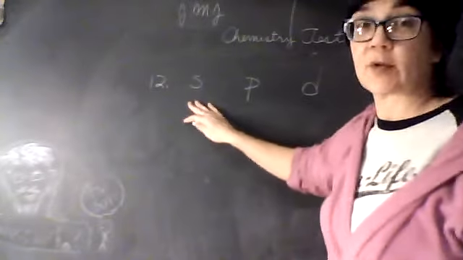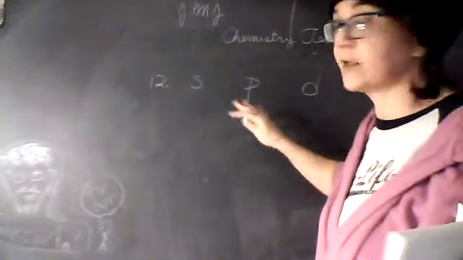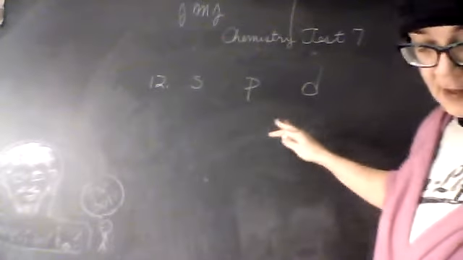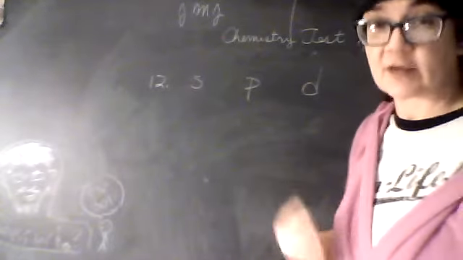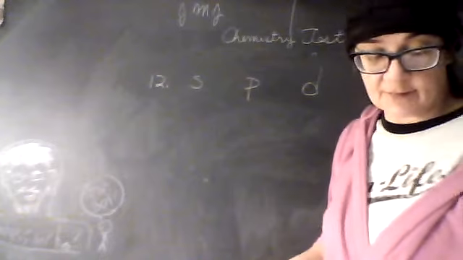So the S ones are the lowest energy orbitals. P ones are the next highest, and the D are the highest energy of the orbitals that we have studied.